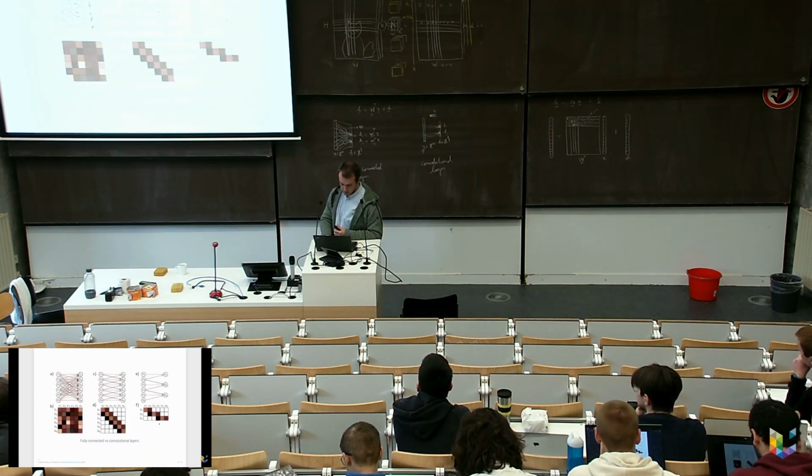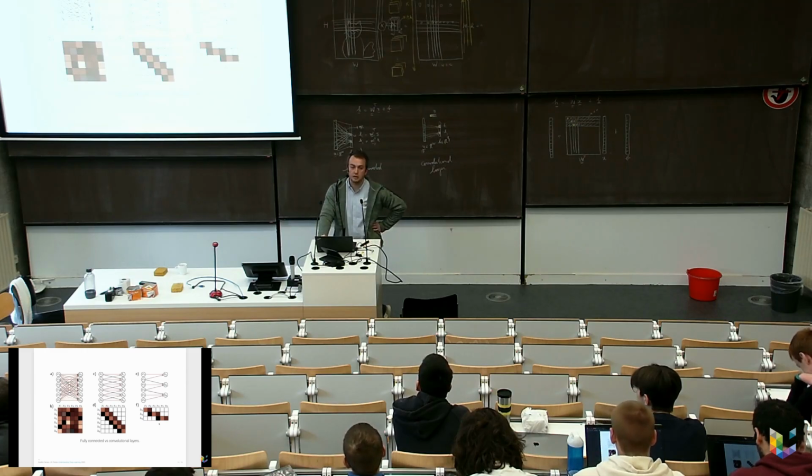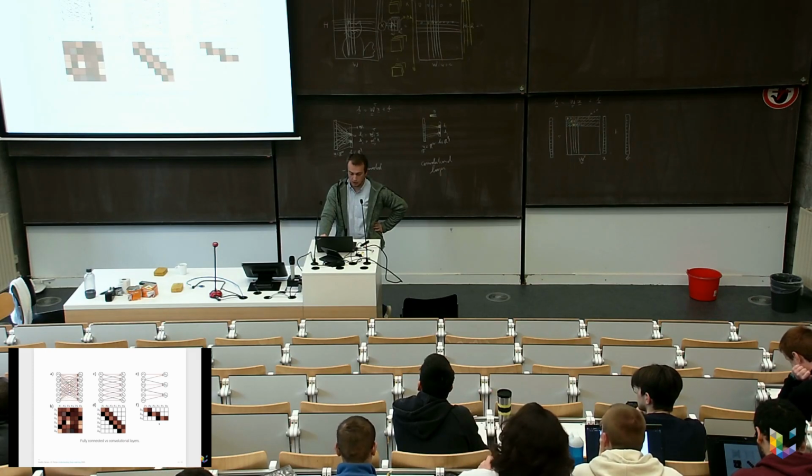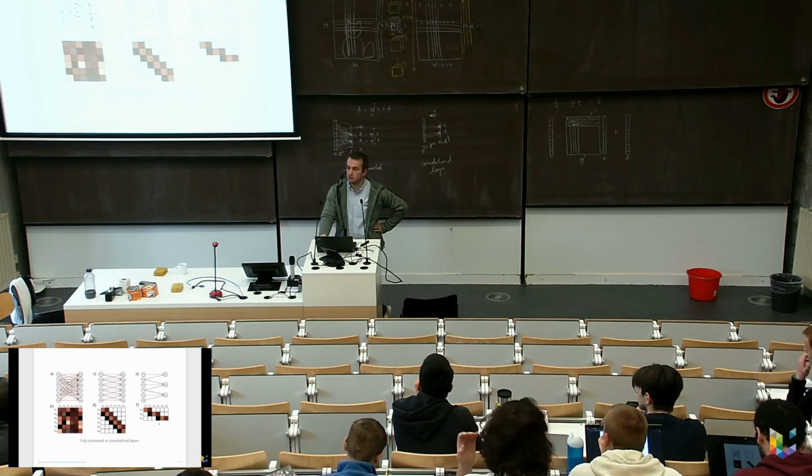Okay, trick question. Two weeks ago, we talked about reverse mode autodiff to compute gradients. So how do you think we actually tune the parameters of a convolutional layer?